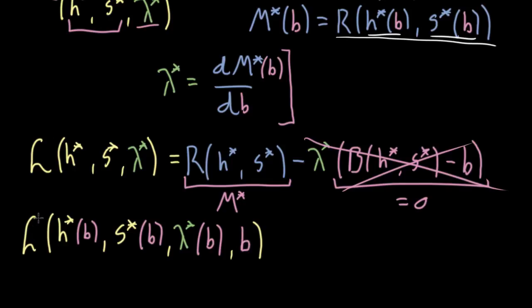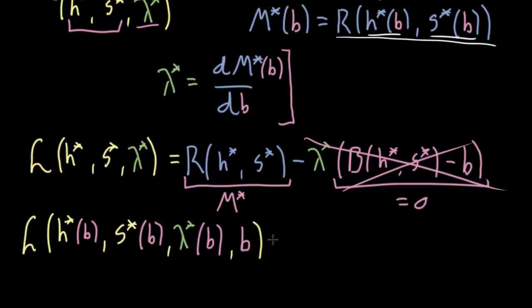So now, when we want to know what is the value of the Lagrangian at the critical point, H star, S star, lambda star, as a function of b, that can be kind of confusing. What you basically have is this function that only really depends on one value, it only depends on b, but it kind of goes through a 4-variable function.